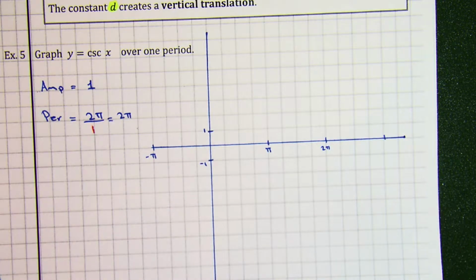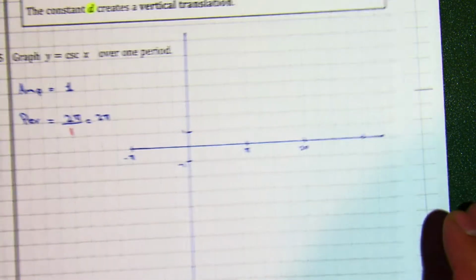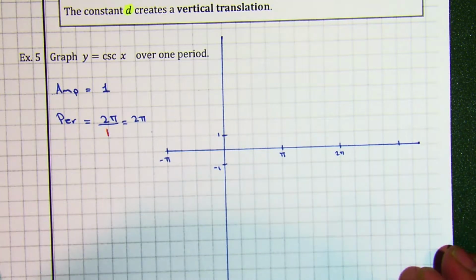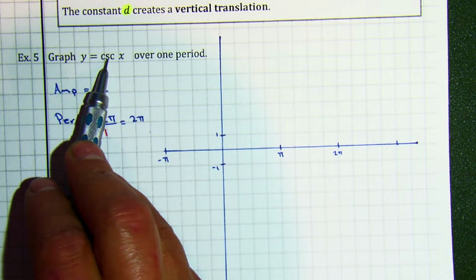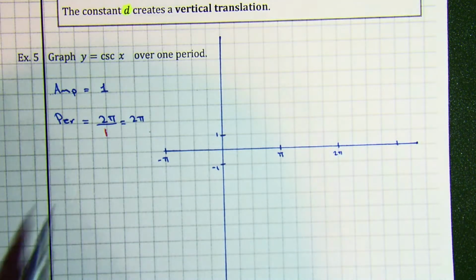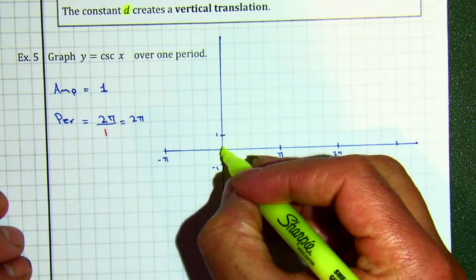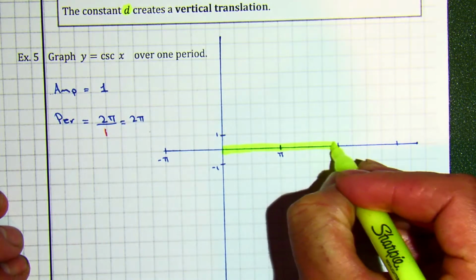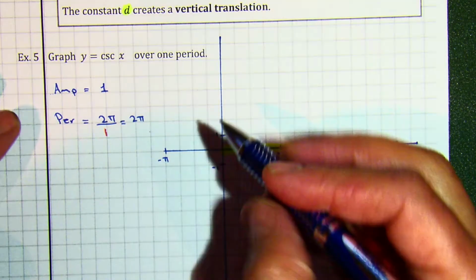I want to make sure that I use a pencil for this part, because I'm going to have to go back and erase it, or you can just do it very lightly. Your cosecant is a reciprocal of sine, so I'm going to graph the sine function first. My period is 2 pi, so I'm going to highlight from 0 to 2 pi. The same way that we did with sine, I'm going to divide it into 4 sections.